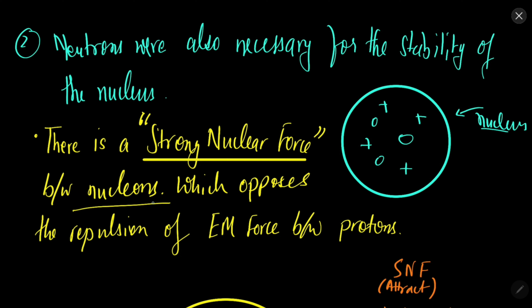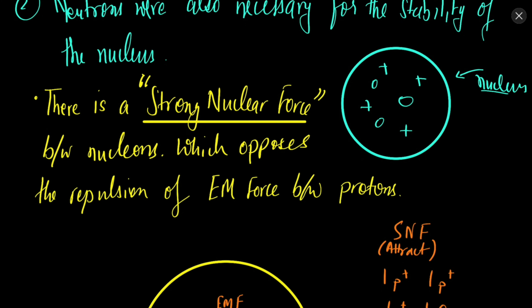This strong nuclear force acts between the nucleons. Now nucleons means neutrons and protons. So the strong nuclear force is an attractive force. It allows the protons to remain together, and protons and neutrons to remain together, because of the attractive force.